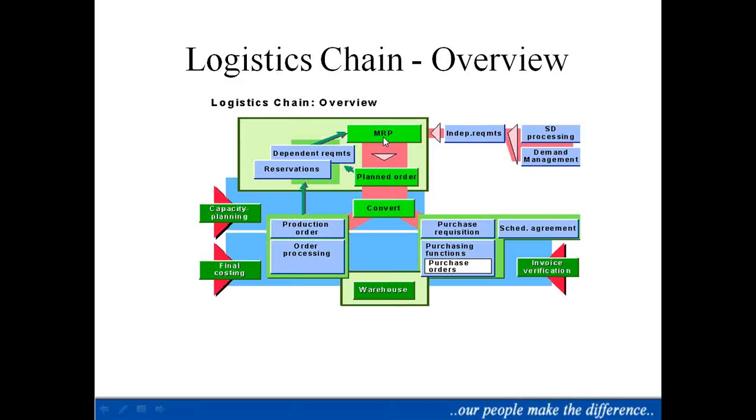For this, the first point is MRP. For running the MRP, we need to have the independent requirements. We get the independent requirements from demand management, which is what we are talking about. We are here in this part, Chandra. Are you able to follow me, Chandra?